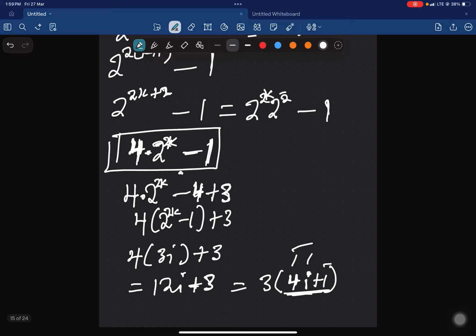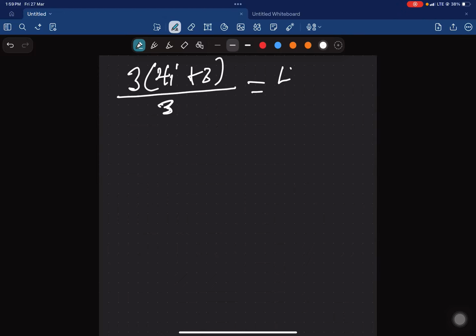Since we have an integer over here and it's multiplying 3, it means an expression like 3 multiplying another integer, which is now 4i plus 1. It means this expression should effortlessly be divisible by 3. So this is the final expression we've arrived at, which is 3 into (4i plus 1).